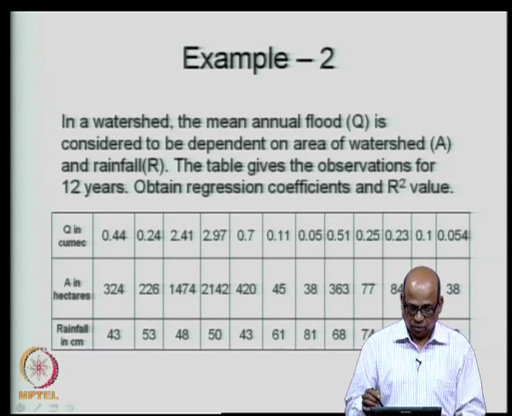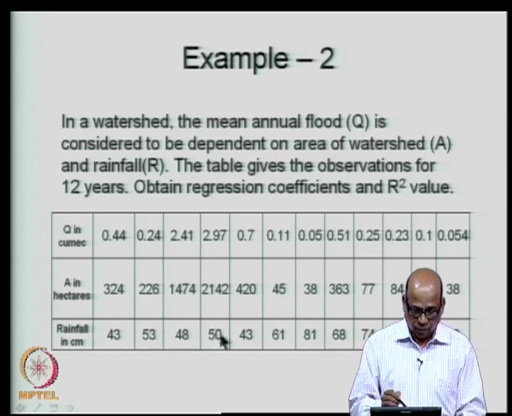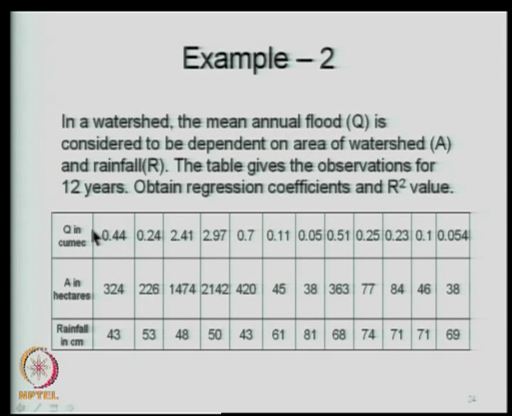Remember, these are different watersheds and these are the rainfalls that have caused these discharges. For example, a 43 centimeter rainfall occurring in a watershed of 324 hectares has caused a peak discharge of 0.44 cubic meters per second and so on.